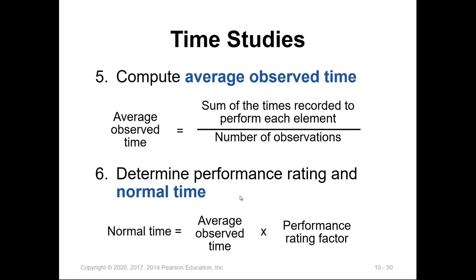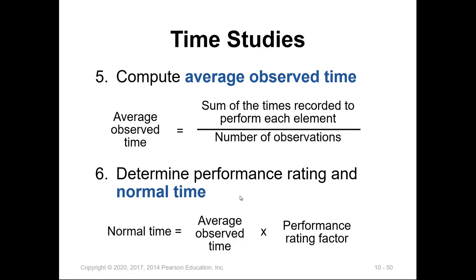Then to calculate the average observed time, we divide the sum of times recorded to perform each element by the number of observations, as many observations as we need, and then we use the performance rating to adjust the average observed time to what a trained worker could expect to accomplish working at a normal pace.